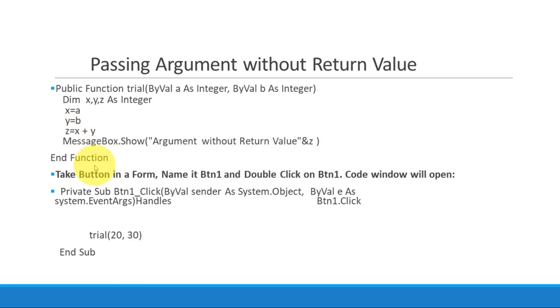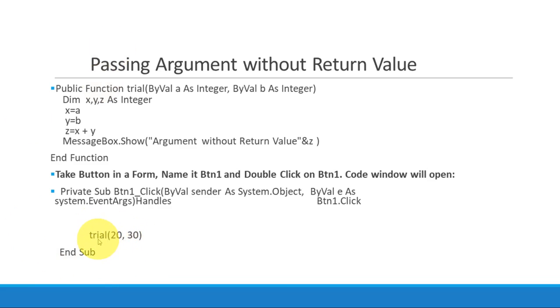End Function. Now again we are taking the button, naming the button, double clicking the button, and the code window will open. And in this code window, in this Sub End Sub procedure, we write Trial. It means that we are calling the function trial, but along with the calling, we are passing the parameters also, that is 20 and 30.